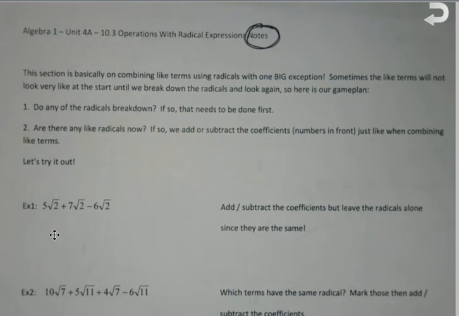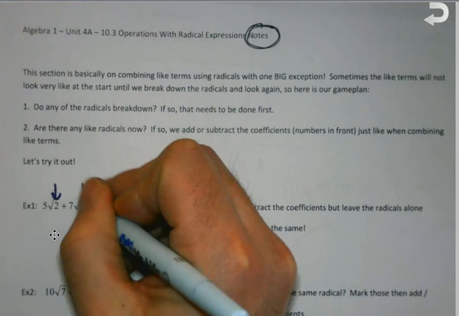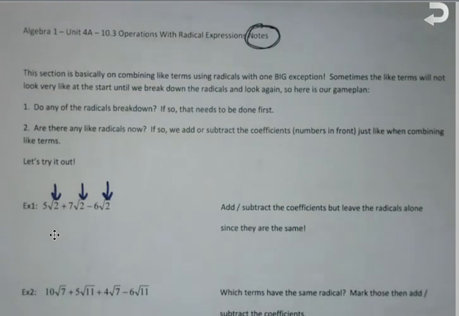First one's going to work exactly like we were doing the ones in the last sheet. Notice, always look at your square roots, okay, or your radicals first. If they're all the same, I can treat this like I would any square root or any variable.